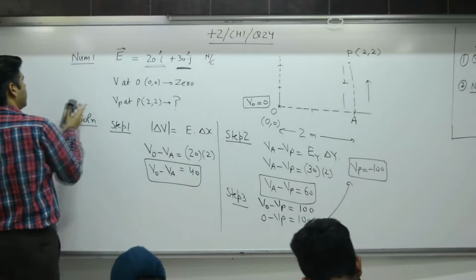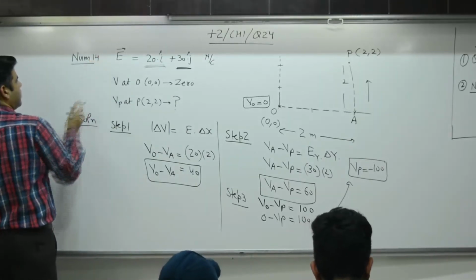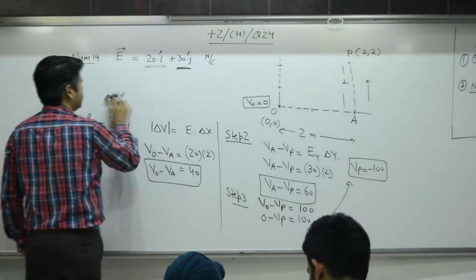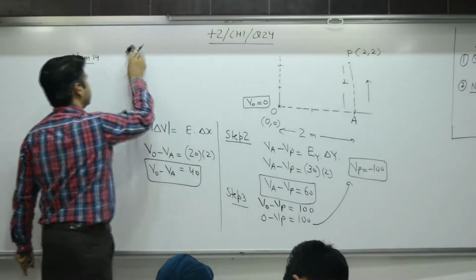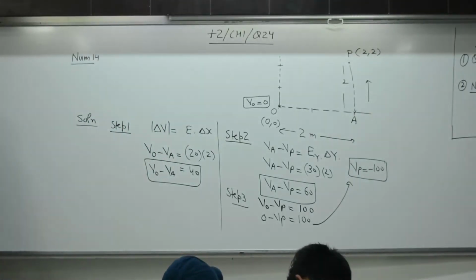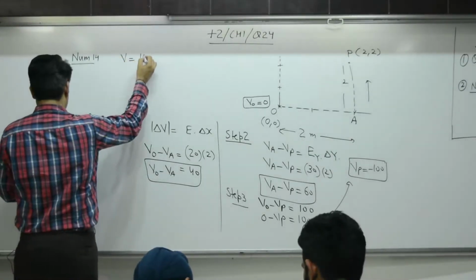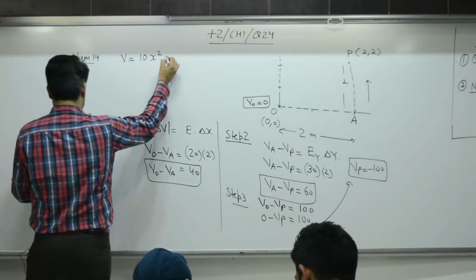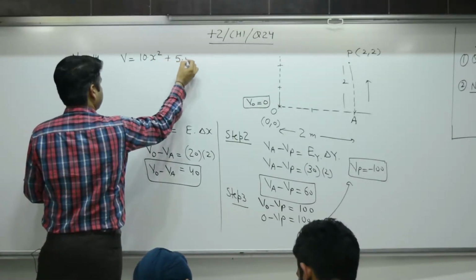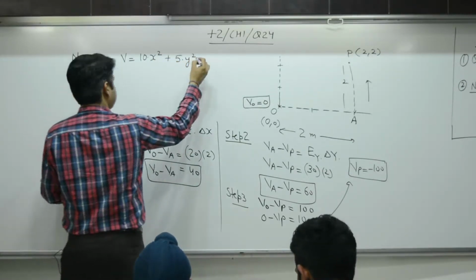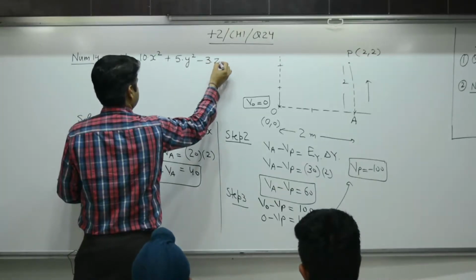Numerical number 14. Given is V is equal to 10x square plus 5y square minus 3z square.